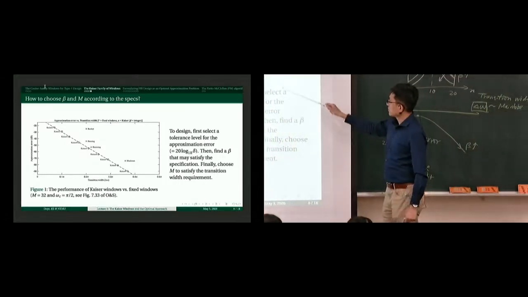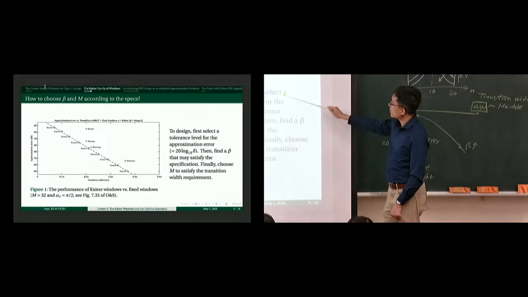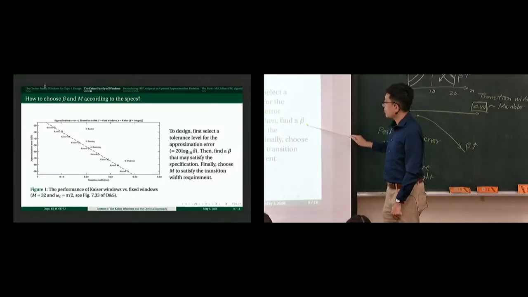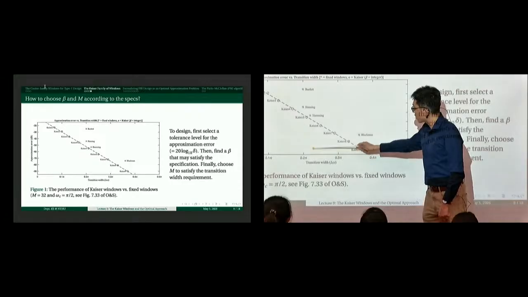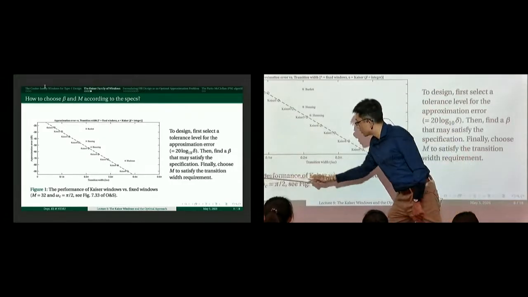All right, so let me complete reading this summary right here. To design, first you might be given a tolerance level, or in some cases you can select a tolerance level. From there you can then find the beta, and then finally, if we have this beta, the transition width is going to be right here when M is 32.